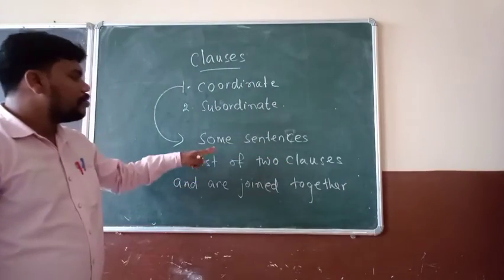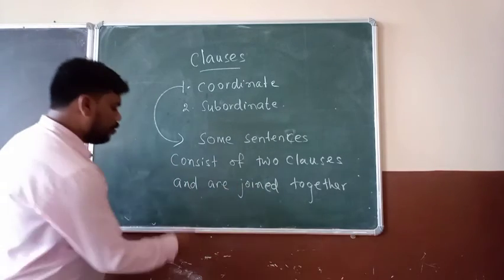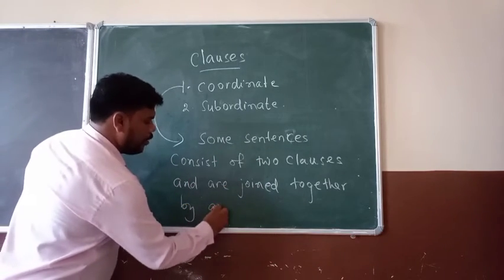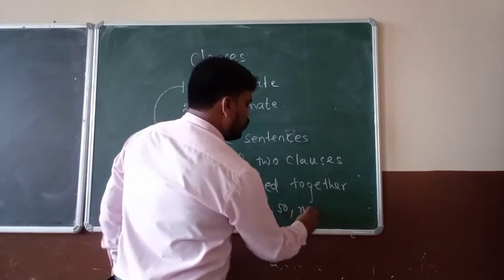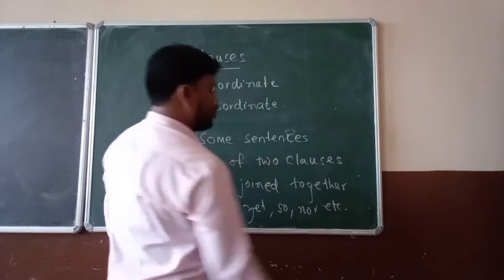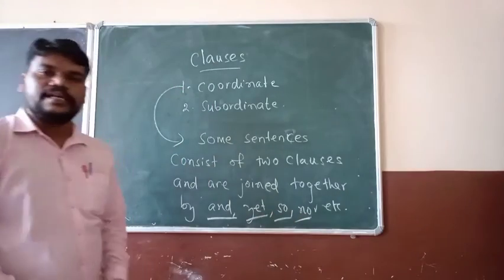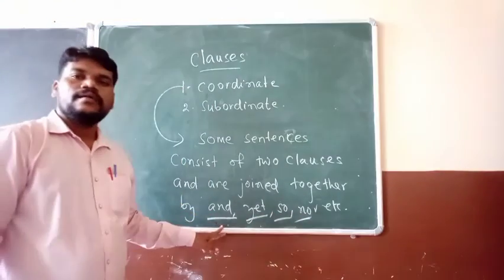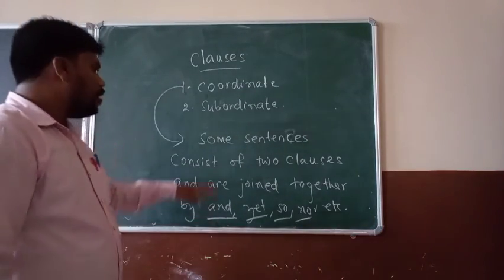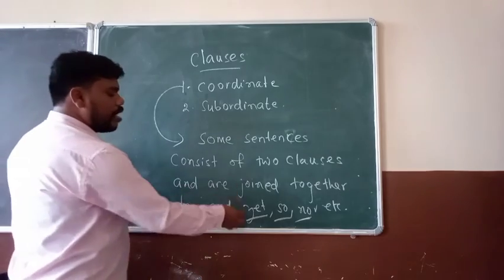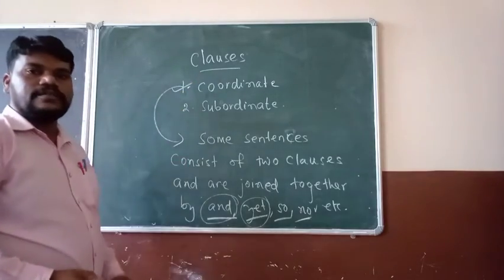Okay, you can see that some sentences consist of two clauses and are joined together by and, yet, so, not, etc. So when you see these words, when they are joining two clauses, we can say that these are the conjunctions. When they are joined by these particular words, that will be known as your coordinate clause.